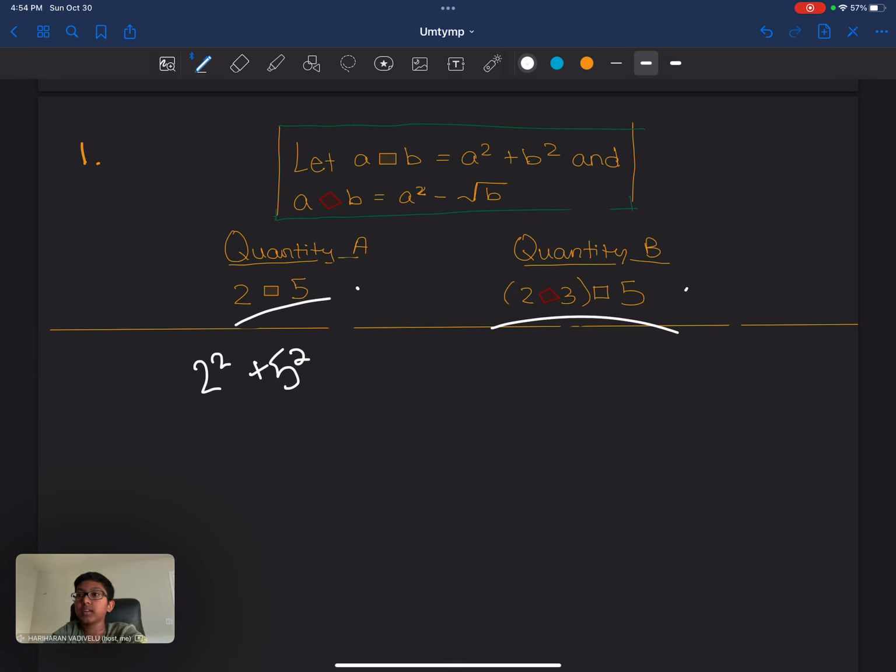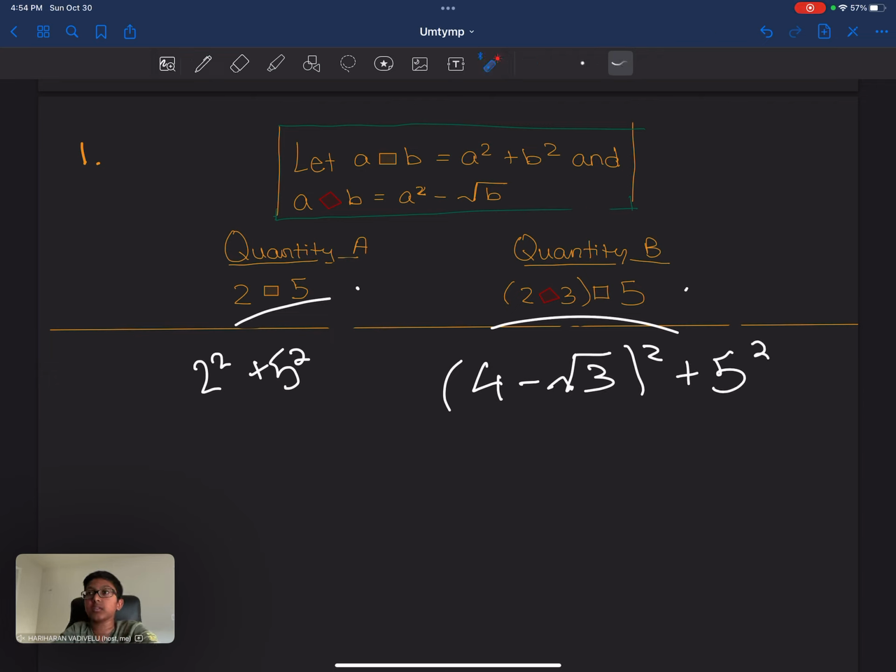And on this side, you have 2 rhombus 3, which is just equal to 4 minus root 3. Now if we square that by 5, we get 4 minus root 3 squared plus 5 squared.